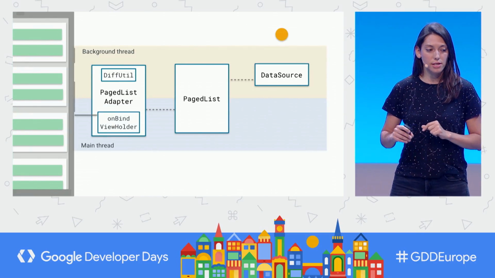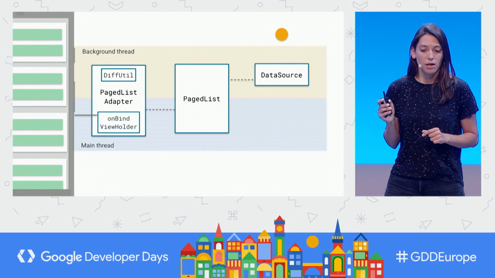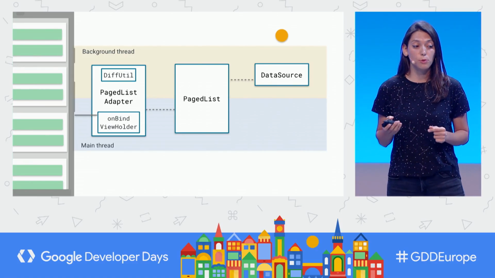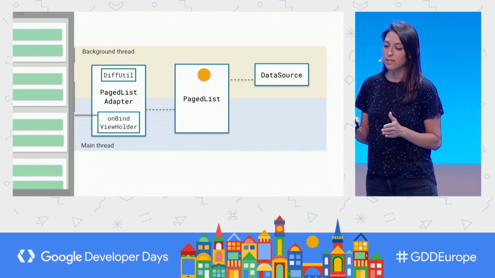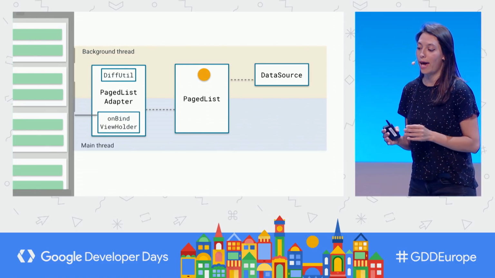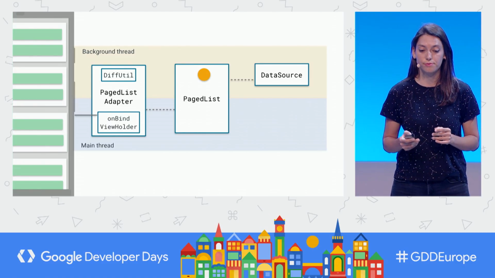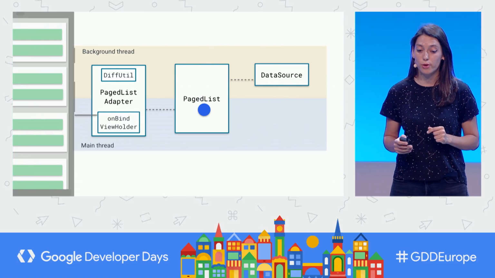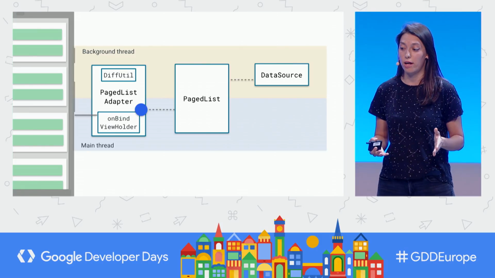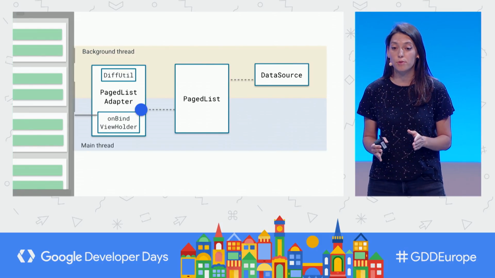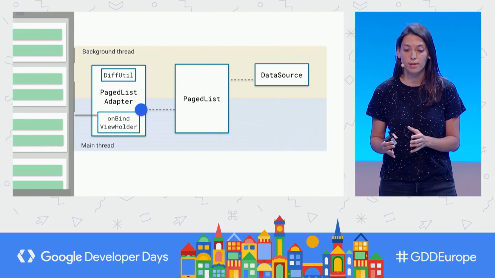So here's the data flow. Let's say that we have some data that we put on the data source on the background thread. The data source invalidates the page list and updates its value. And then, on the main thread, the page list notifies its observers of the new value. So now, the page list adapter knows about the new value.